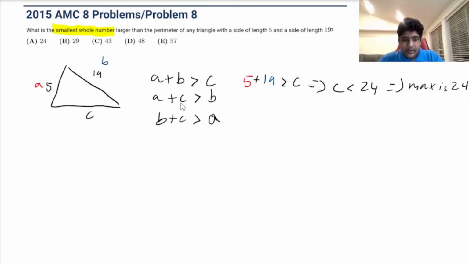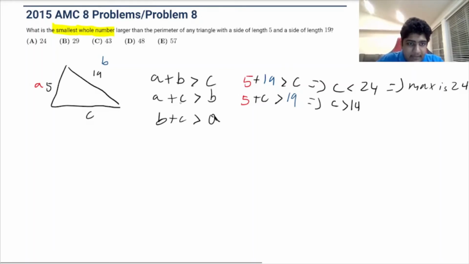Now let's look at A plus C is greater than B. We have 5 plus C is greater than 19, which means C is greater than 14, but also C can't be bigger than 24 because of the first inequality, so the maximum is still slightly less than 24.